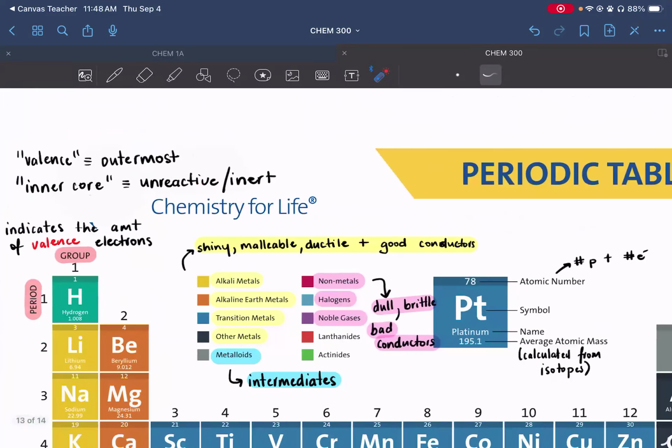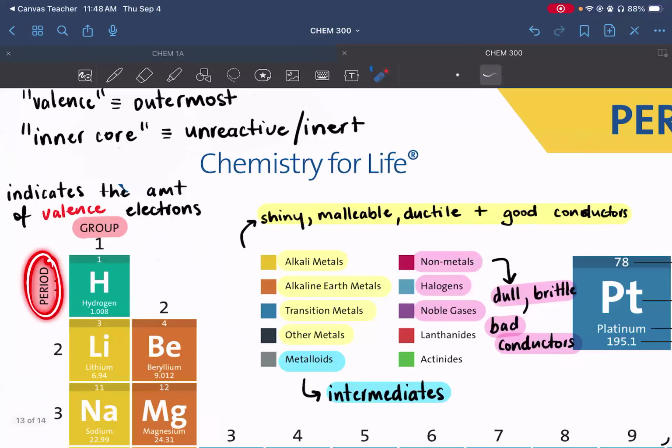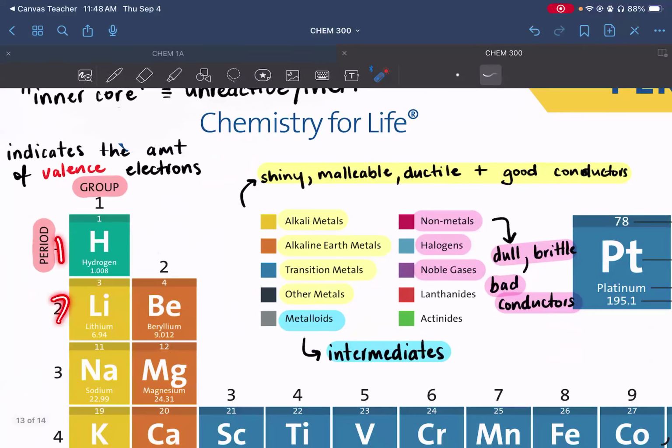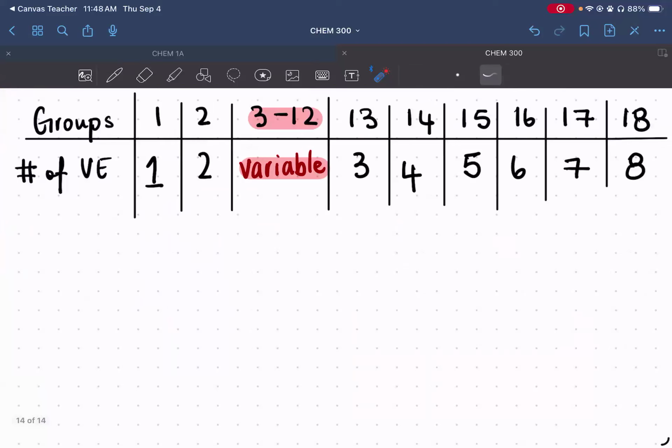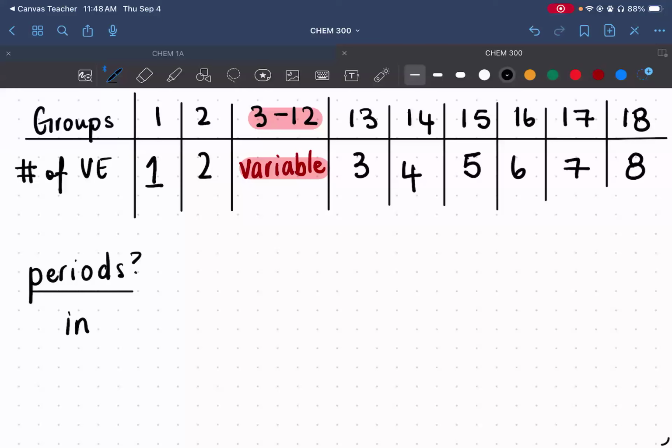The other label, of course, are the rows, periods. Periods 1, 2, 3, 4. Just like groups tell us something about the atom, about the electron, what exactly do periods tell us? They indicate the number of rings.